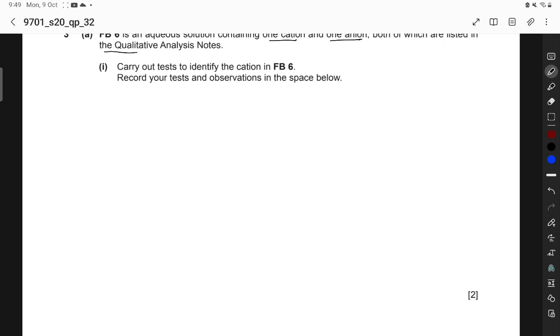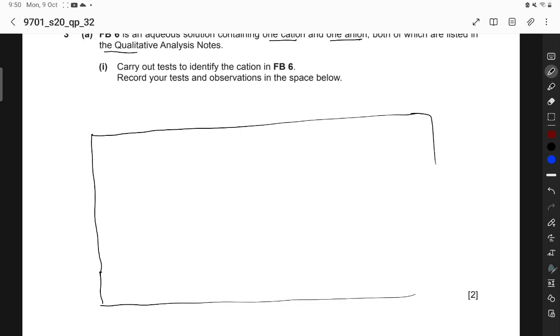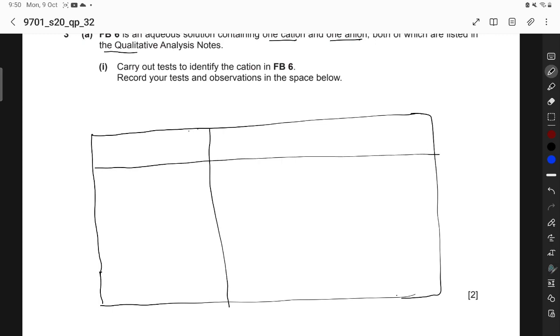Record your test and observations in the space below. First, draw the table. Observations.